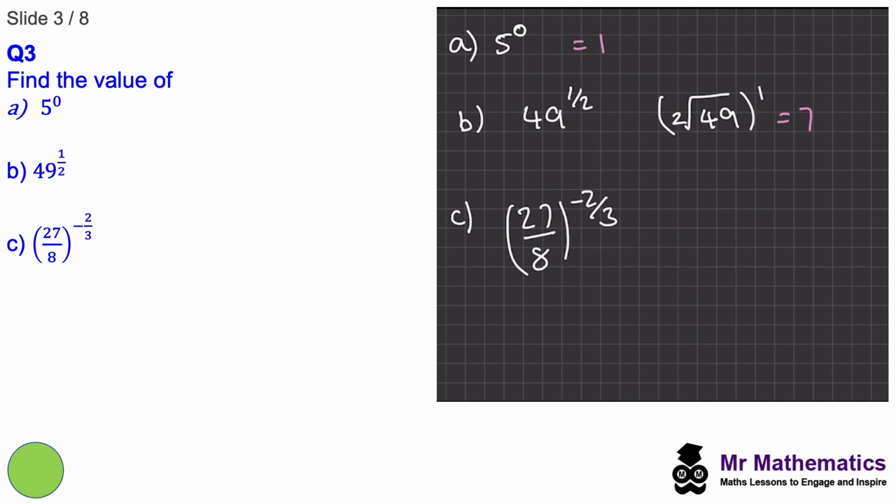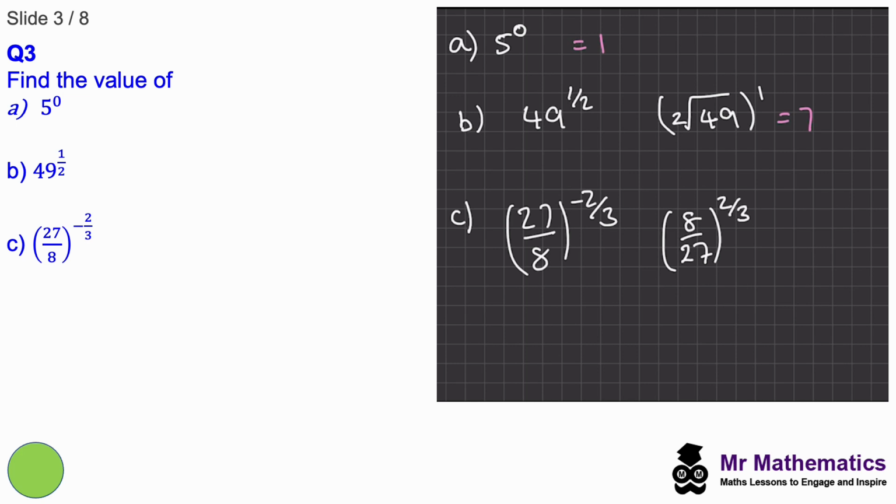And for question C, this negative power means we have a reciprocal of this base. And the reciprocal means we just flip it upside down. So 8 over 27, which is now raised to a power of 2/3.